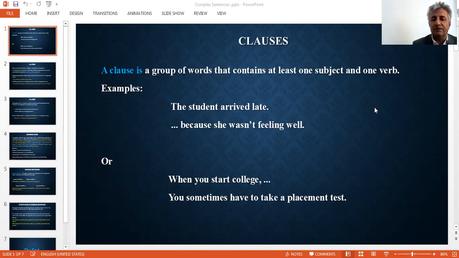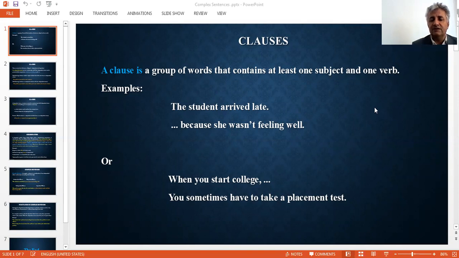As you see, the first clause is a complete one. It stands by itself. It is a sentence. Nothing is missing. The idea is complete. But what about the second one? Because she wasn't feeling well.